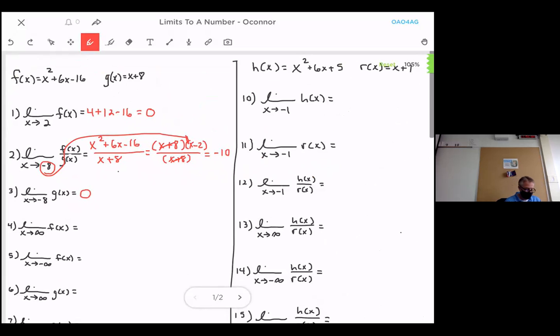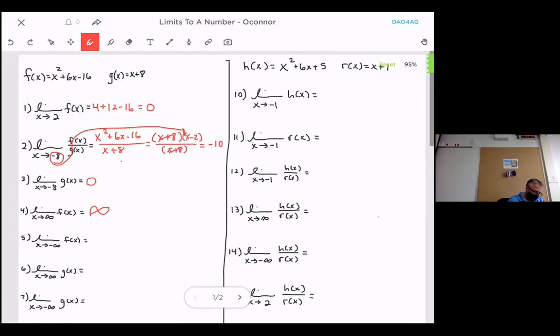If they're going to go to positive infinity or negative infinity. So if I plug 1 billion in, I'm only concerned about that term. And 1 billion squared will be a positive number. Therefore, it will go to positive infinity. Negative 1 billion squared will also go to positive infinity because negative times negative.